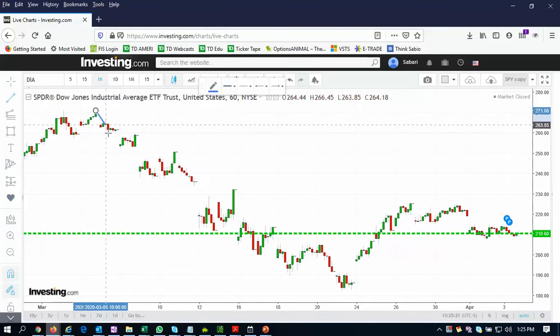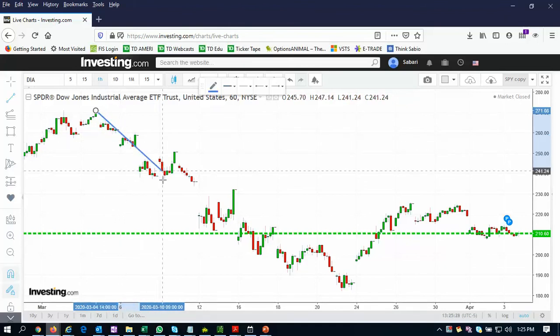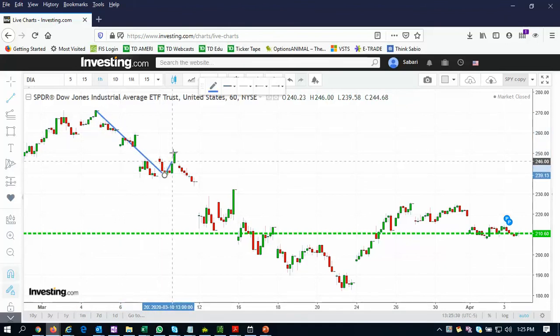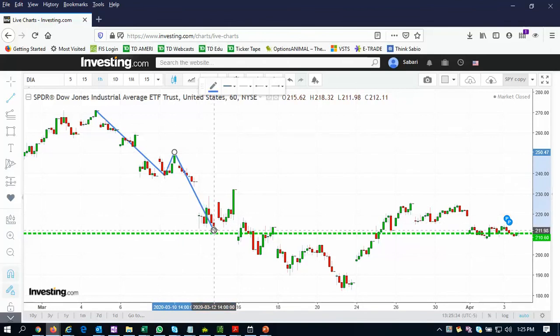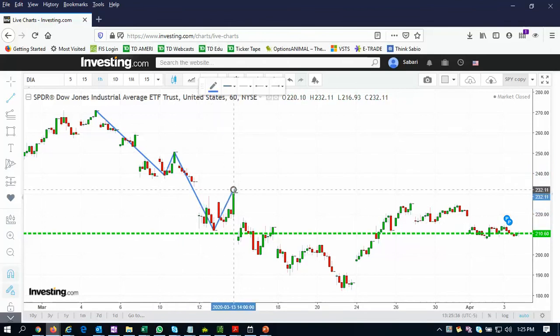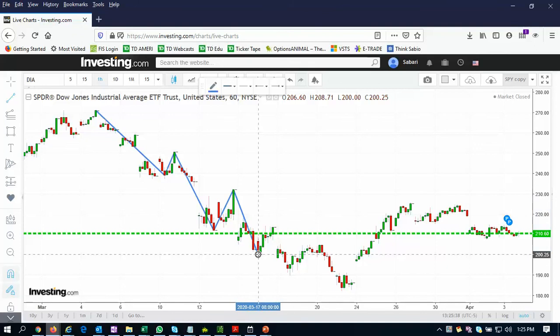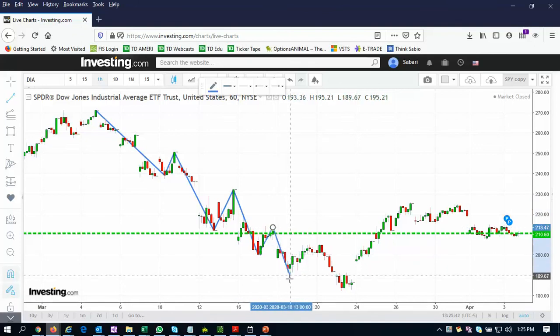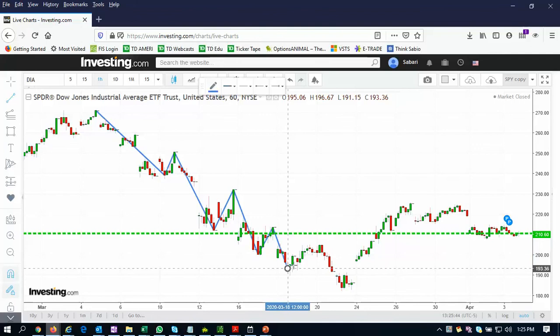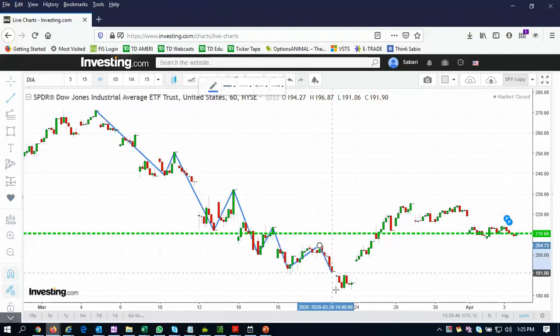From this high, I'll be drawing the trend line from wick to wick. Here, like this, like this, like this. This is how we should draw a trend line.